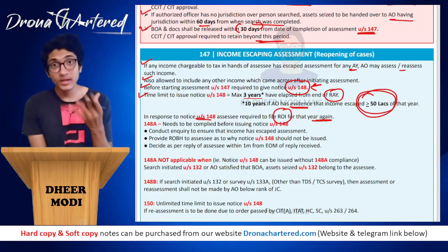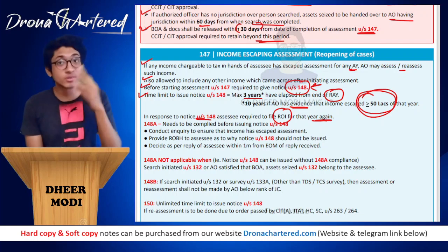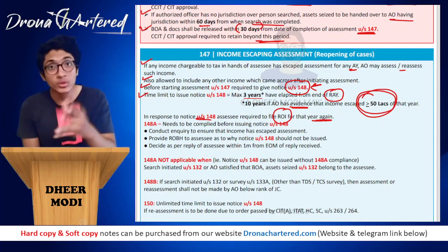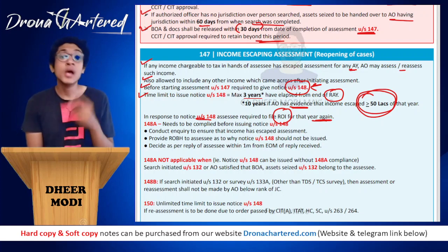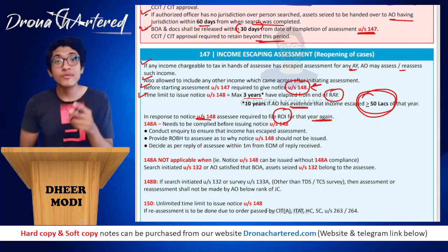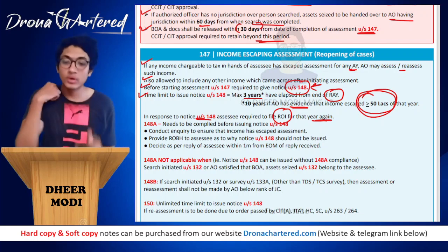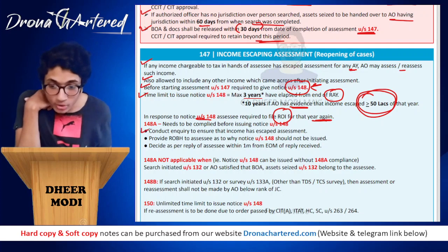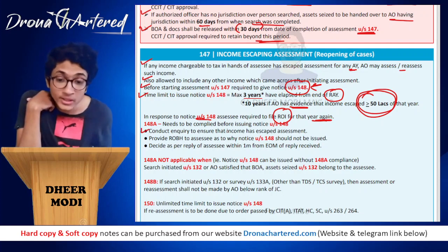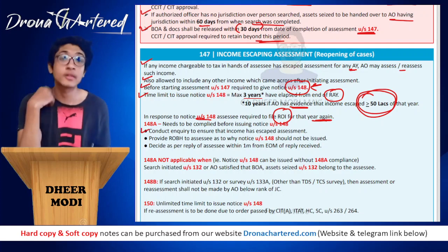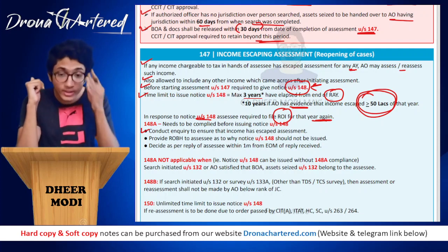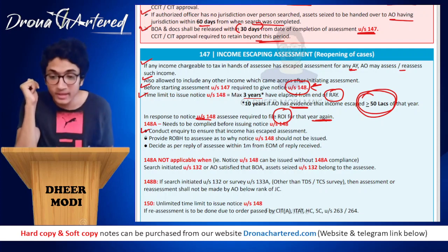So what are the things that you have to comply with before? First of all, before doing 147, you have to issue notice under section 148. Now, before issuing notice under section 148, you have to comply with section 148A. 148A says you have to conduct an inquiry to ensure that income has actually escaped assessment.